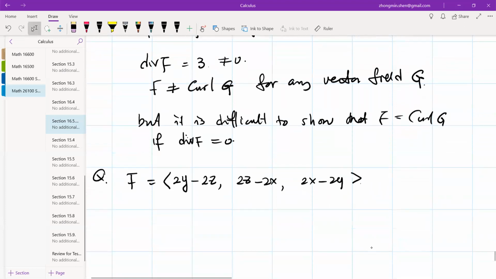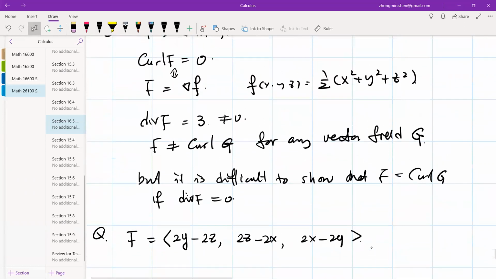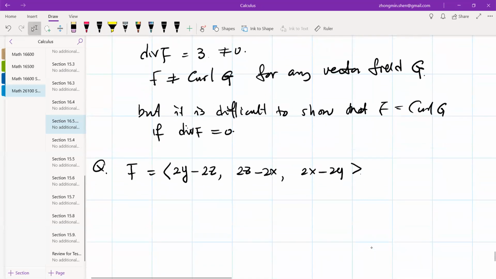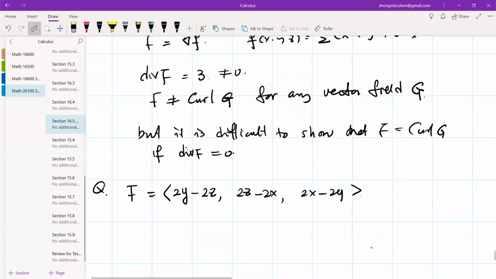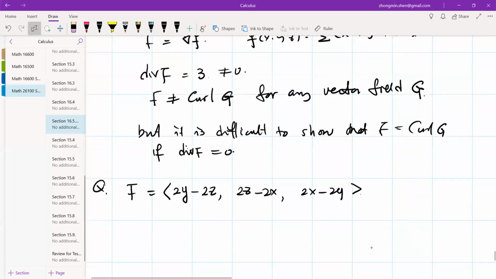So let's take a look at this example. My question is whether this is conservative. Let's do lots of computation here. Let's compute the divergence and the curl for this vector field.